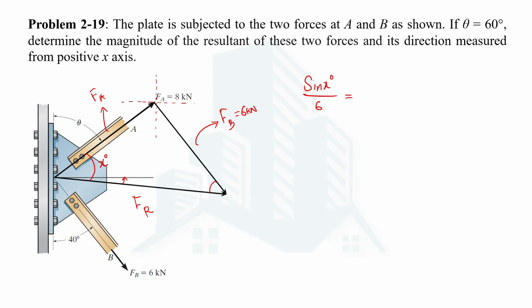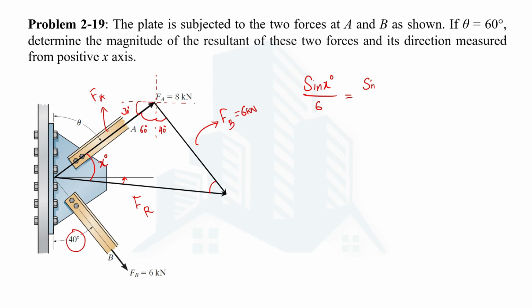Therefore the angle up to the x-axis that the Fa force is making will be 30 degrees. If this is 30, the opposite side will also be 30. If this is 30, then this will be 60. And how about the Fb force, which is making 40 with the y-axis, which is known here. So the total is 60 plus 40, 100.